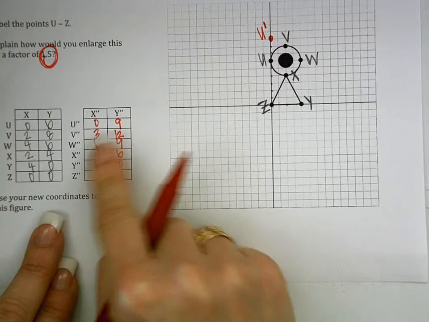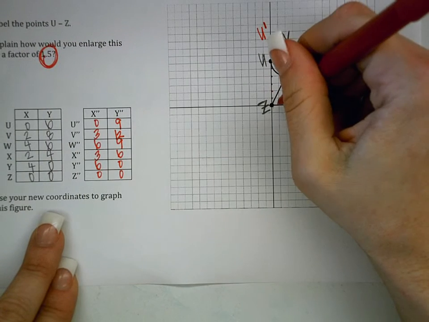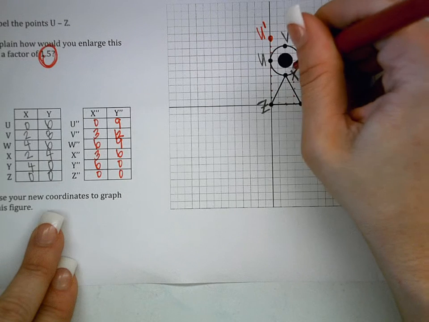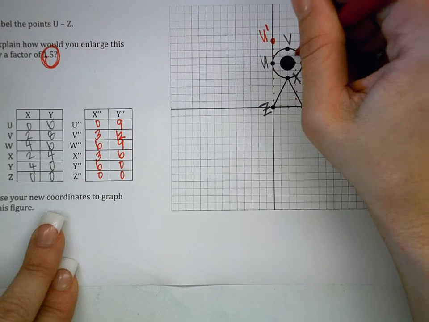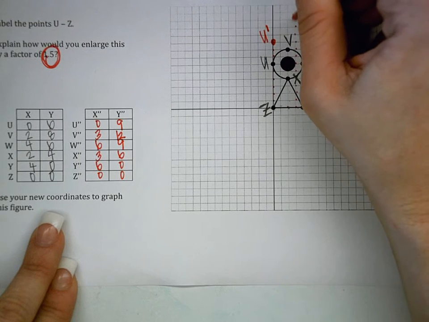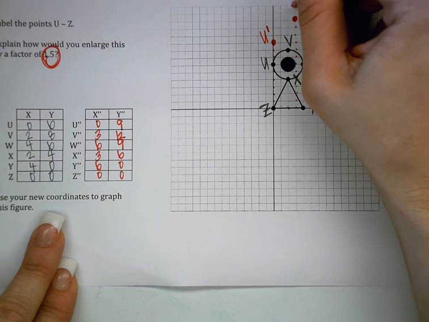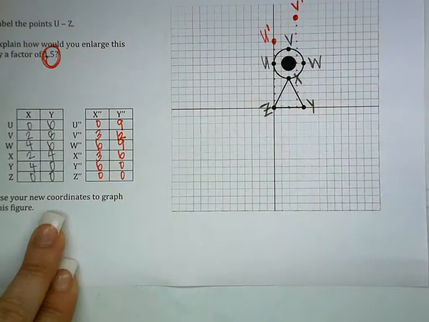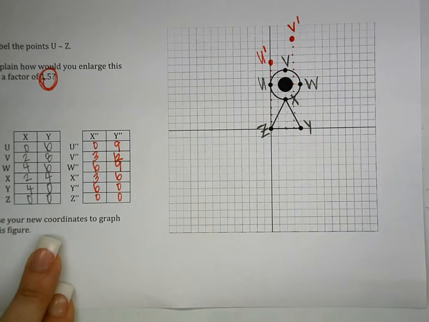V is over 3, up 12. So over 1, 2, 3, up 1, 2, 3, 4, 5, 6, 7, 8, 9, 10, 11, 12. There's lots of these, that's okay. That's V prime. There's lots of little places on your grid, so you can definitely do that.